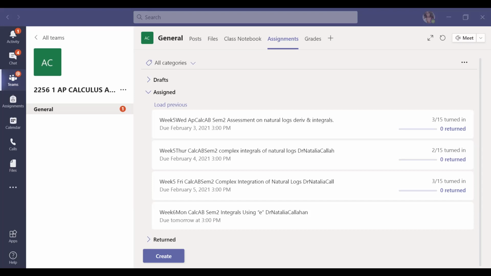Then the derivative of u is the derivative of cosine, which is negative sine x dx. Divide by sine x, and that equals negative du over sine x.